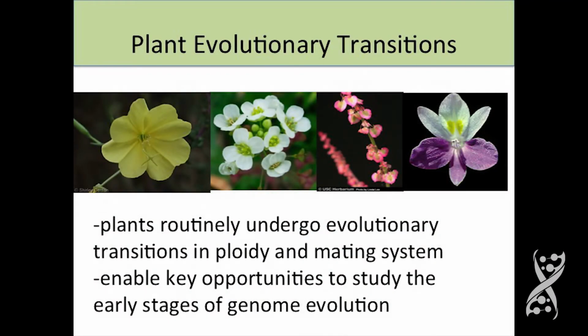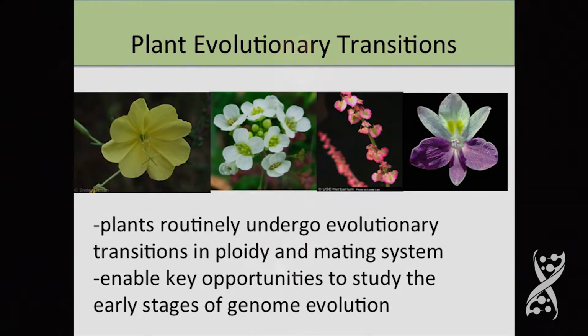And so I would argue that plants actually provide a very useful system for understanding many of these processes of degenerative evolution. And studying the population genomics of plants is quite useful in this context. And that's because they're routinely going through transitions in polyploidy or mating system shifts.